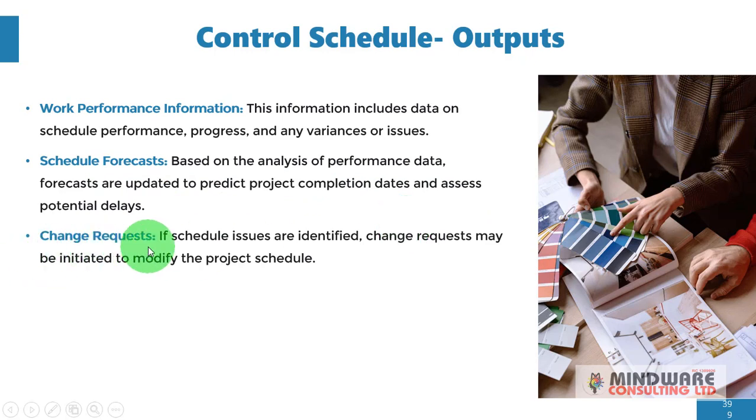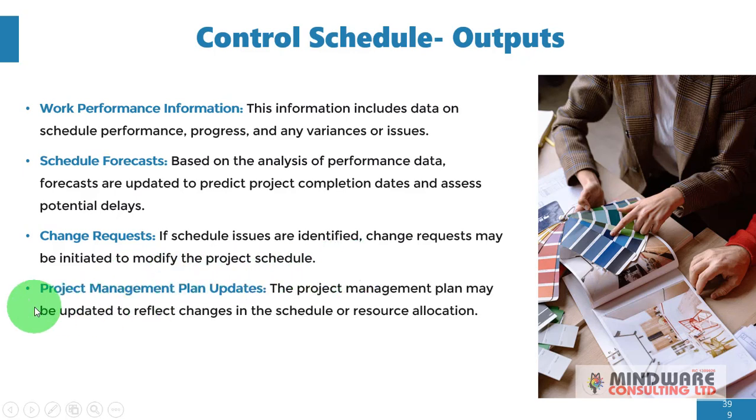Then you also have change requests, because as the project progresses, there will definitely be a necessity for making changes. If schedule issues are identified, change requests may be initiated to modify the project schedule. And you also have project management plan updates. The project management plan may be updated to reflect changes in the schedule or resource allocation. So these are the outputs from the control schedule process.